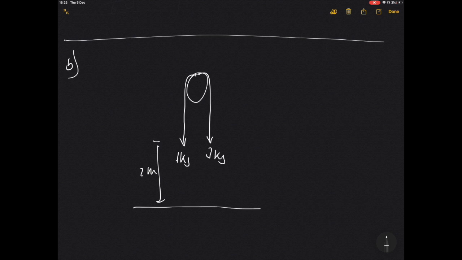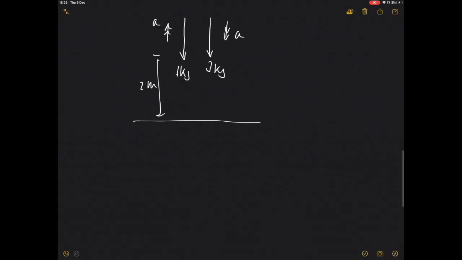So this is our ground. They're both held at rest and they're going to be released. When they're released, we're going to have an acceleration, a, coming up and down here. What we're asked to find out is what is the total height that the second particle, this particle on this side, will reach.